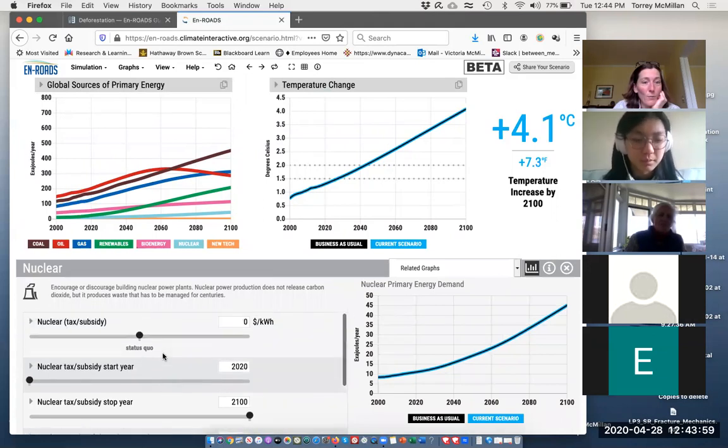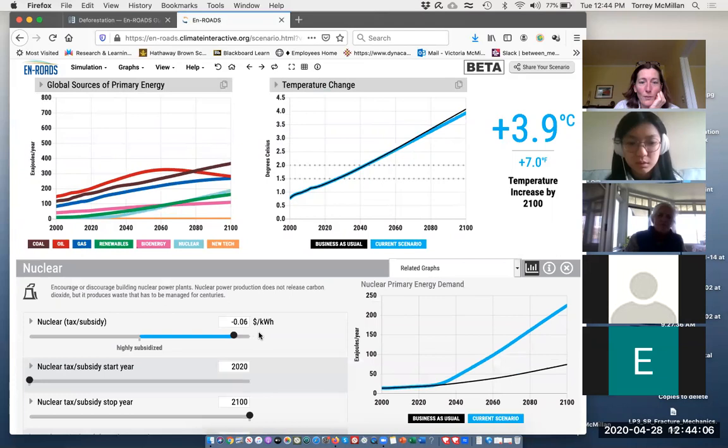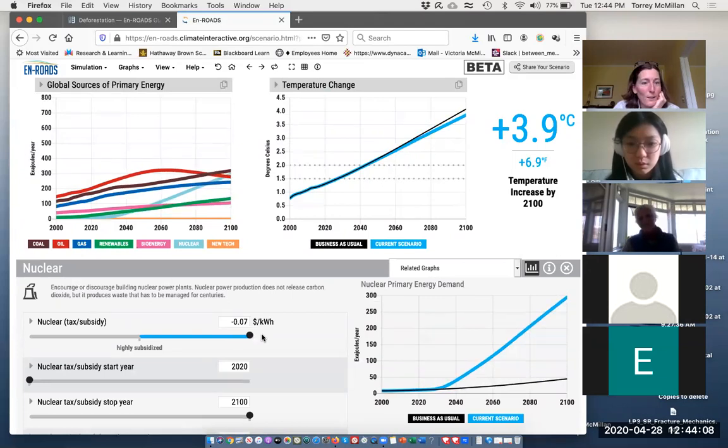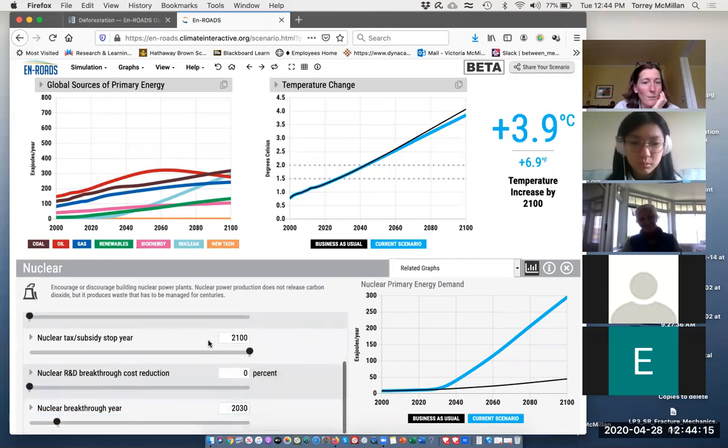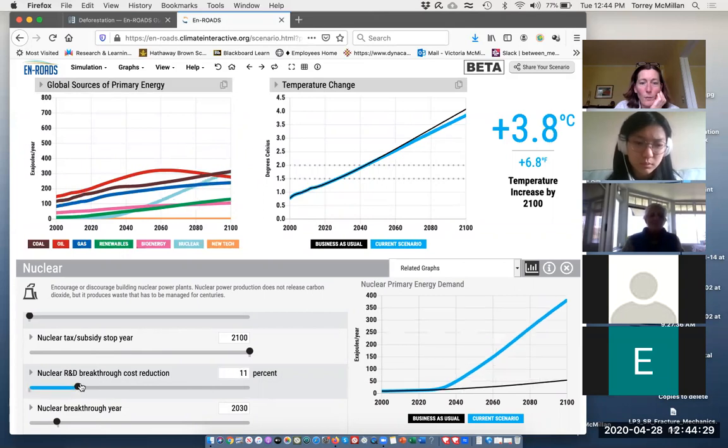Okay, so do you want to tax nuclear or subsidize it? Subsidize. Okay, we'll subsidize the heck out of it. Highly subsidized. And then start it right away. Keep it going till the end of the scenario. Nuclear research and development breakthrough cost reductions. So should we anticipate that there's going to be drops in the cost of nuclear through breakthroughs?